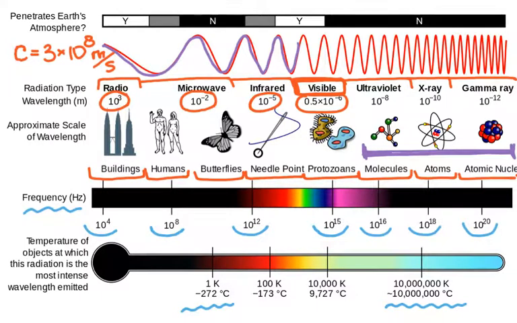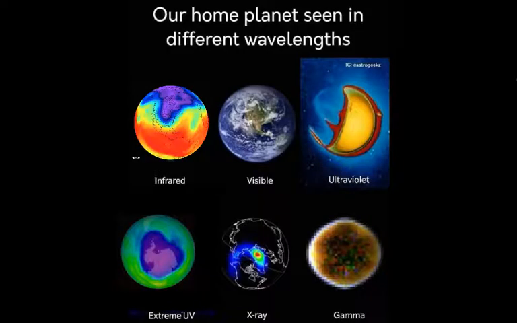And sometimes they take pictures of space in different wavelengths because you see different pictures of space. Here, for instance, I found our planet Earth in different spectrums. So you see it in infrared, visible, ultraviolet, extreme ultraviolet, X-ray, and gamma rays.